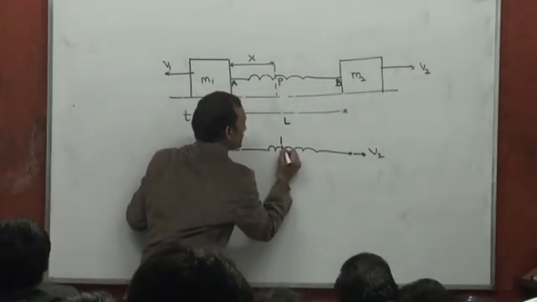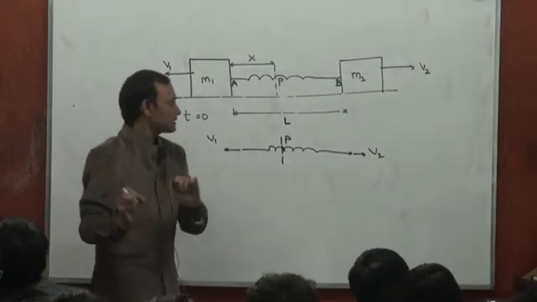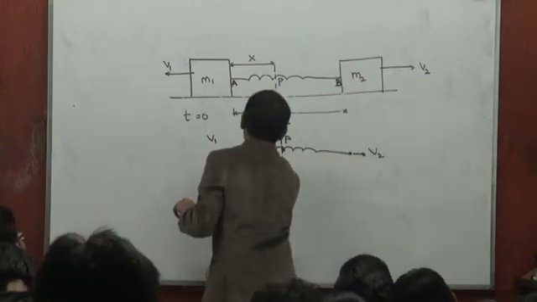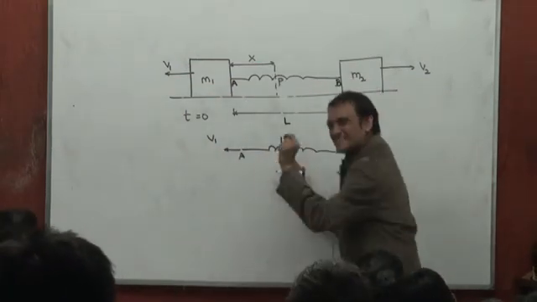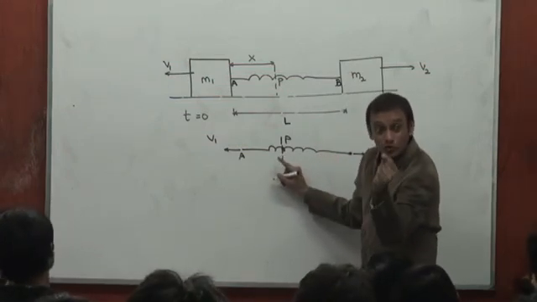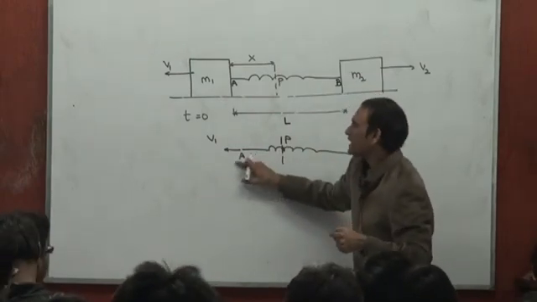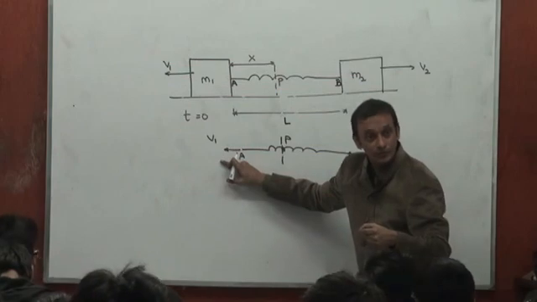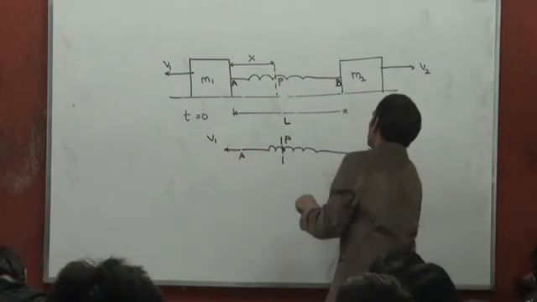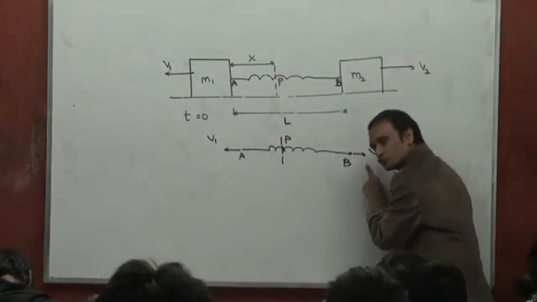Now this point P, for a short time dt, just after that, it remains at rest, right? So it's as if there are two springs from A to P. P is like fixed from t equal to 0 to t equal to small time dt. P is like a fixed point. A has a velocity v1 to the left from t equal to 0 to t equal to dt, and B has a velocity v2 to the right.